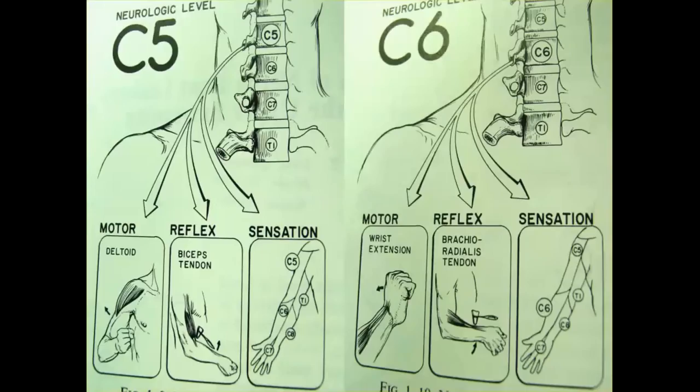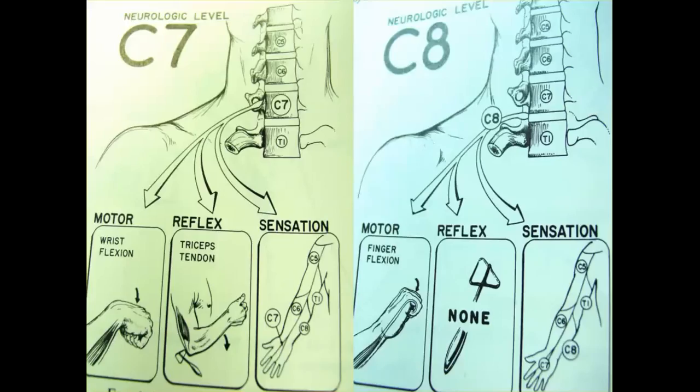So these are just reviews. C5 level, this is going to be quick. C5 level is motor deltoid. Sensation is in the same area, lateral arm. C6, wrist extension and some flexion of the elbow. C6 sensation, thumb and index fingers mostly. C7 level, C6-7 disc base, wrist flexion, triceps tendon, usually middle finger or ring finger.